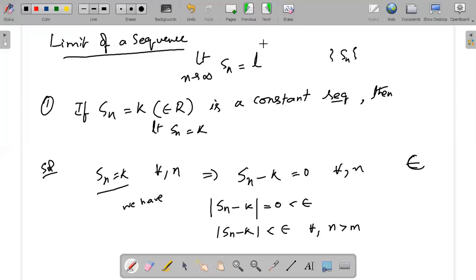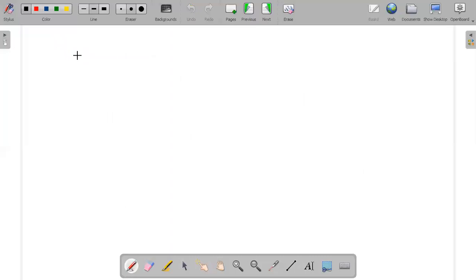Now let us apply limits. The limit of Sn, why? Because for n is equal to 1, n is equal to 2, n is equal to 3, and all that, we get Sn as k, right?